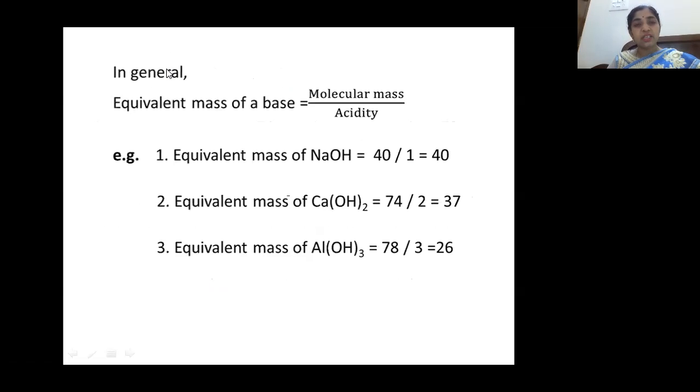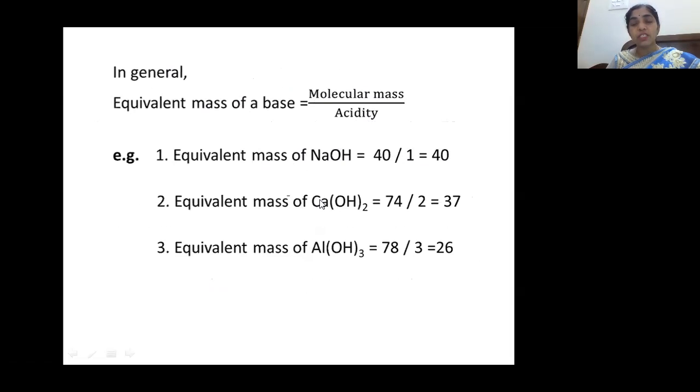In general, the equivalent mass of a base is equal to molecular mass by acidity. We'll look into the example. Equivalent mass of sodium hydroxide is 40 by 1. What is 1? It's acidity, or the number of replaceable hydroxyl groups. So the answer is 40.